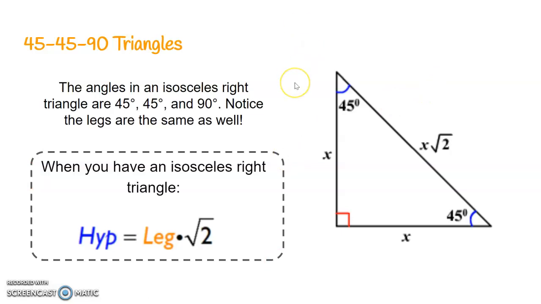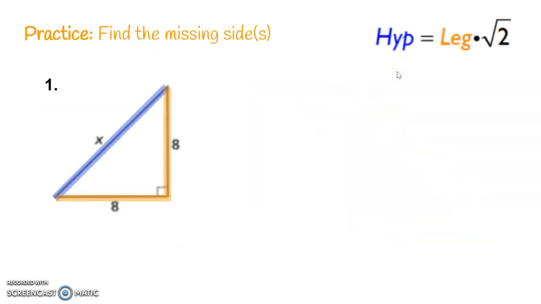So let's go ahead and step through a few examples, and then I'll have you guys try a few on your own also. So again, one last time, notice these two orange legs are the same, and this blue is going to represent our hypotenuse. So the formula that we're using is in this upper right-hand corner here. Here is my triangle, and some of you guys might be like, oh, Miss Chapman, where are my 45 degree angles? Because you said that this formula only works for 45, 45, 90 triangles.